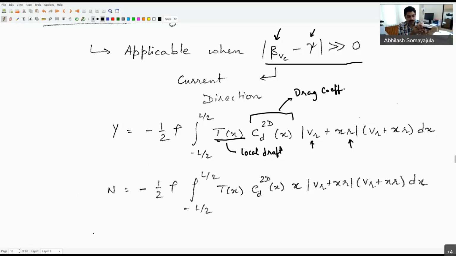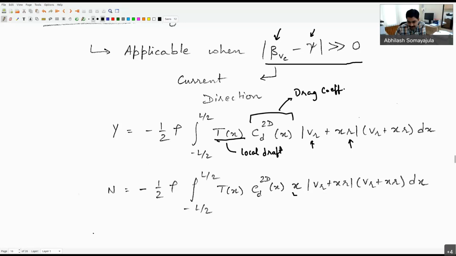What I'm basically doing is chopping up the vessel into multiple strips along the length of the vessel and saying that each individual strip has a corresponding drag coefficient, which I'm trying to find out using current approximations, and then using that value to get my total sway force and the yaw moment. You'll see that the yaw formula is exactly the same.